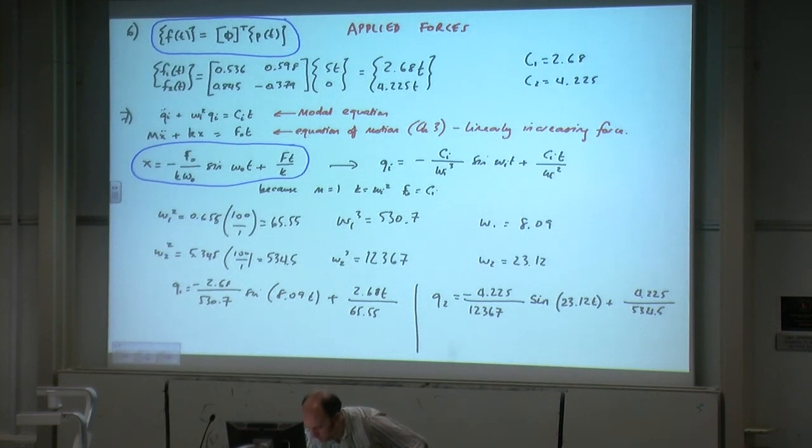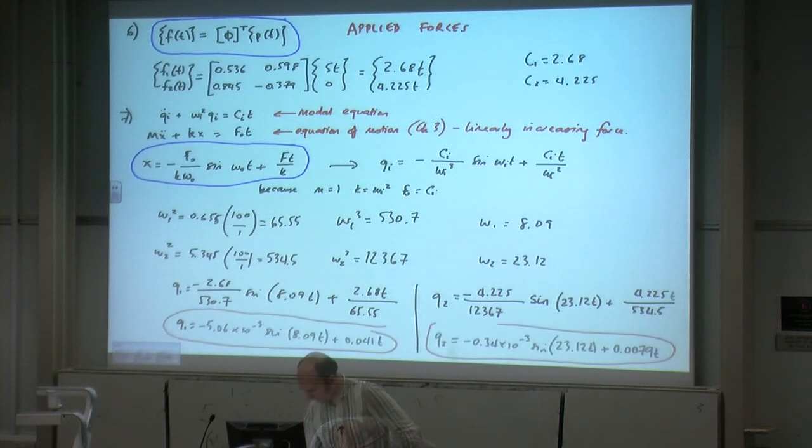And you can multiply this out if you really want to, which is fine to do. So that's Q1 and Q2.